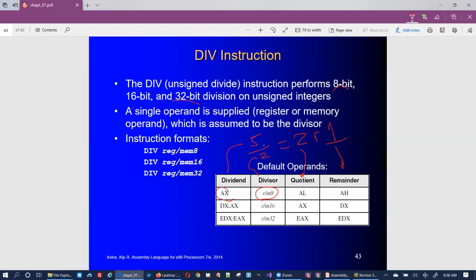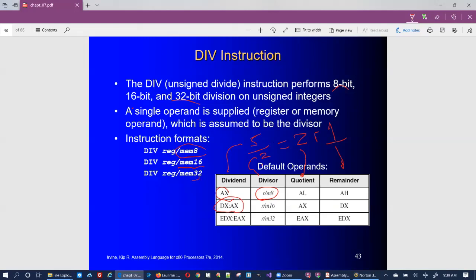The dividend can be twice as big, but the divisor is the memory size that we're talking about. So the divisor for an 8-bit divide is going to be up to 8 bits, but the dividend can be 16 bits. When we're doing a 16-bit operation, the divisor can be up to 16 bits, but the dividend can be 32 bits, two 16-bit registers together.